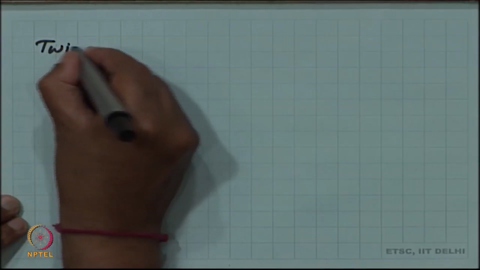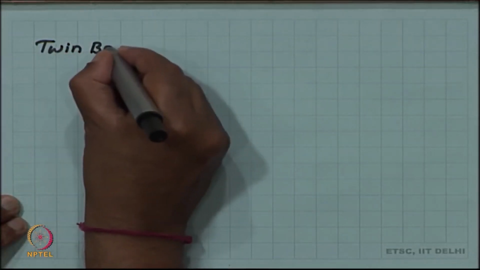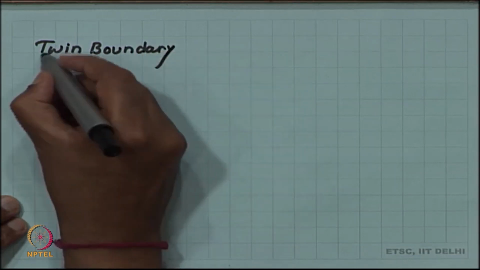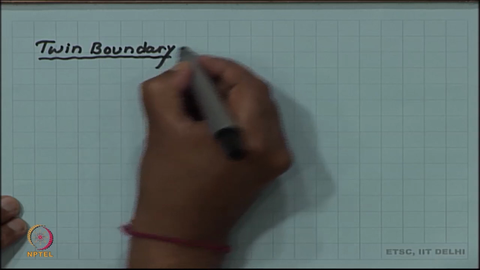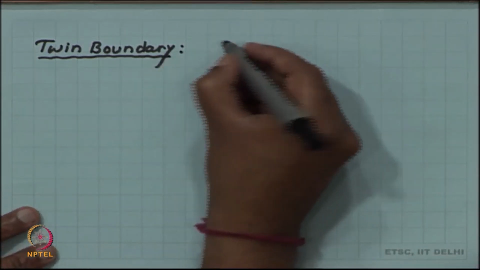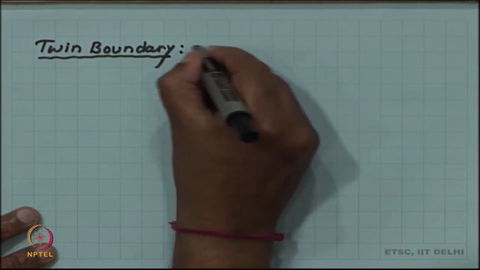So, we can give a sort of general definition of twin boundary. For our purposes, it is not totally general, but most twin boundaries are like mirror planes.